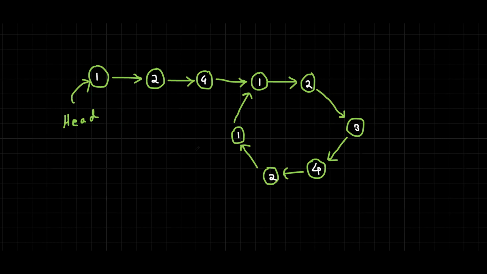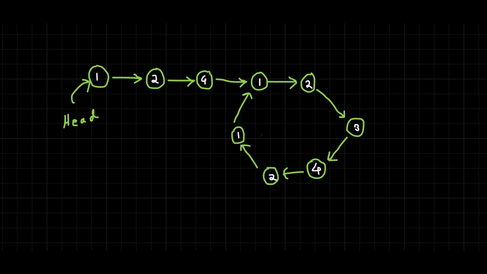Here, in the algorithmic section, let's take this example. This is the linked list that contains a cycle, and the cycle is 1, 2, 3, 4, 2, 1. So, how can we determine whether a linked list contains a cycle or not?